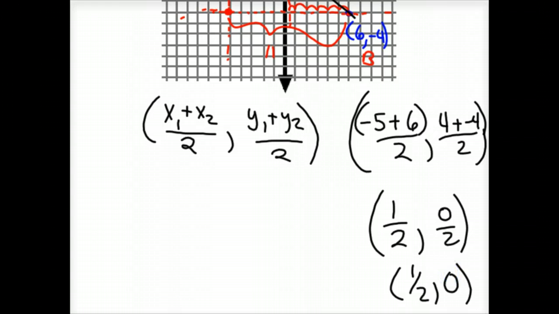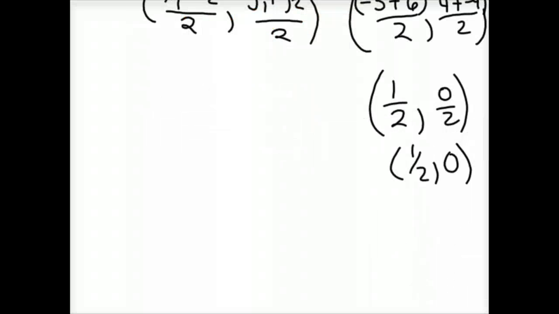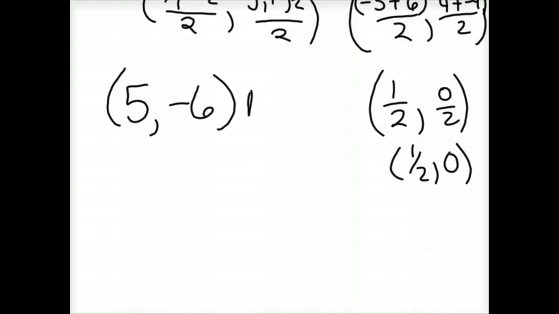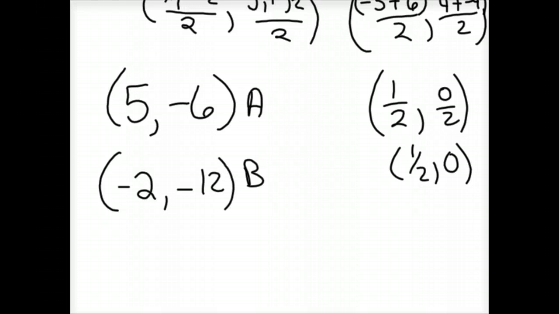And so that's just how the midpoint works and how you can do it both visually on an XY coordinate plane and symbolically. So let me give you one more example. You might try this and make sure you understand it. Let's say we had 5 and negative 6 for point A, and for point B, negative 2 and negative 12. Just making whatever up.